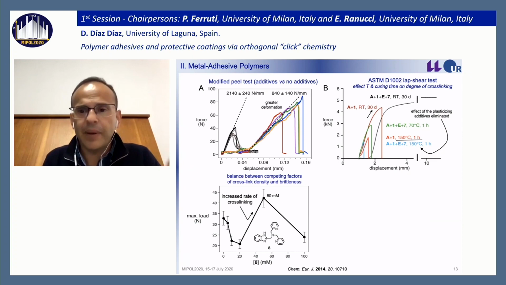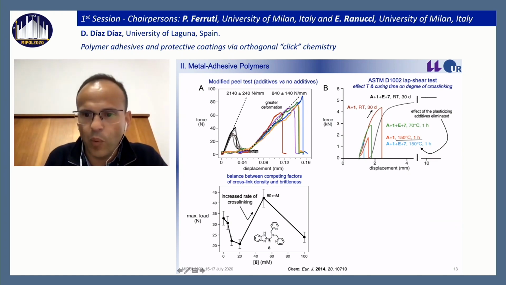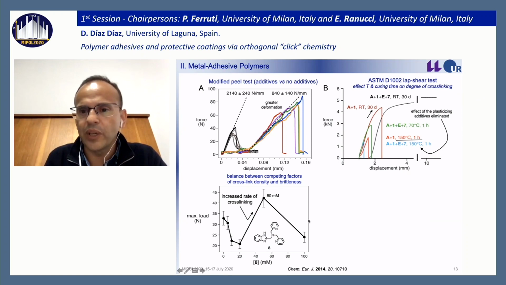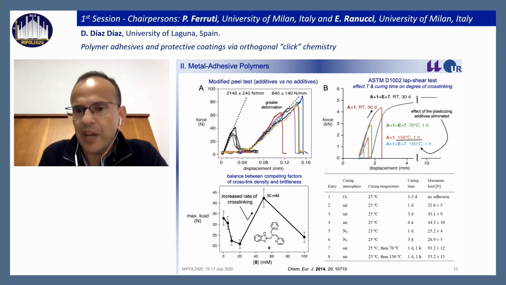Same thing happened with the ligand. If you use a ligand to accelerate the reaction, then a little bit of ligand is good. So 50 millimolar concentration of a ligand is good to stabilize the copper 1. But if we put too much ligand, then we also get a decrease of the adhesive strength. And same thing happened with the environment. So we have an oxidation process here from copper 0 to copper 1.